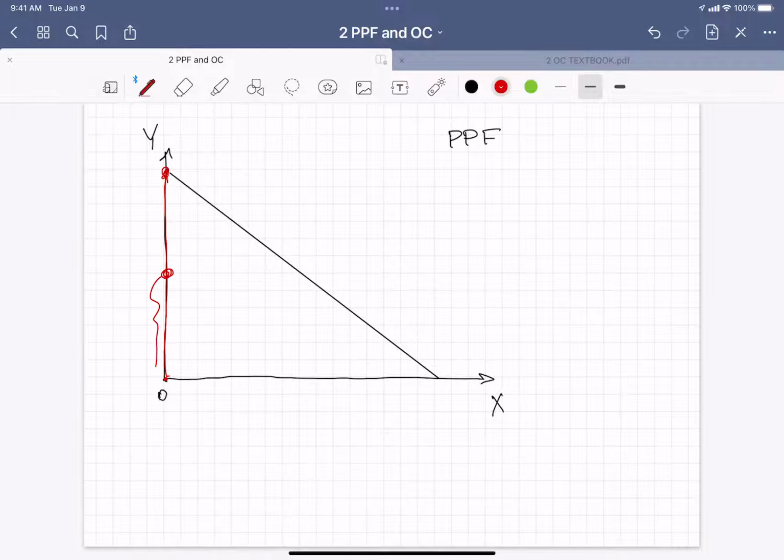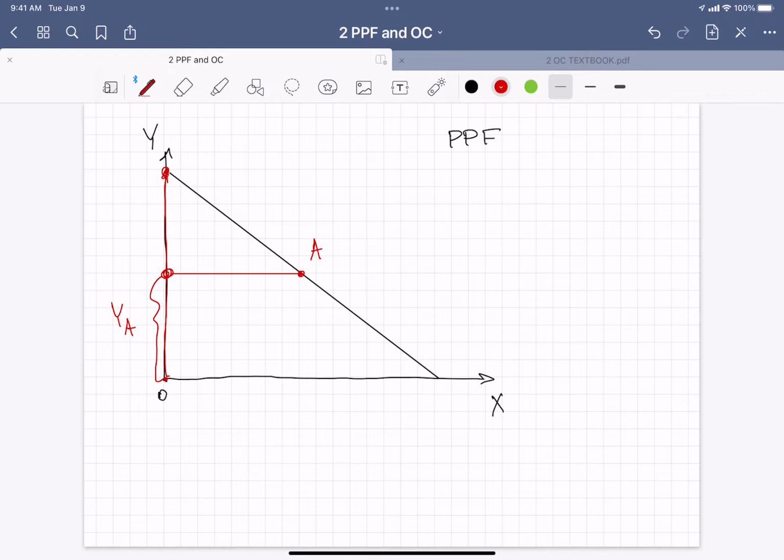So let's say you decided to produce some amount of Y, and let's call it Ya. Then you decided to get some good X given this amount of good Y. You felt this is enough of good Y, so let's see how much of good X I can make. You just go to the right, hit your curve, and let's call this point A. This distance is proportional to the amount of good X that you can produce under the circumstances.